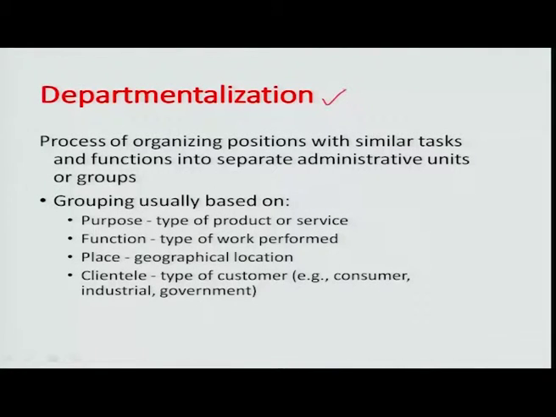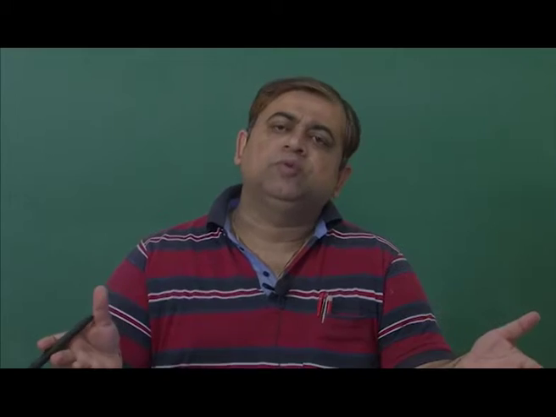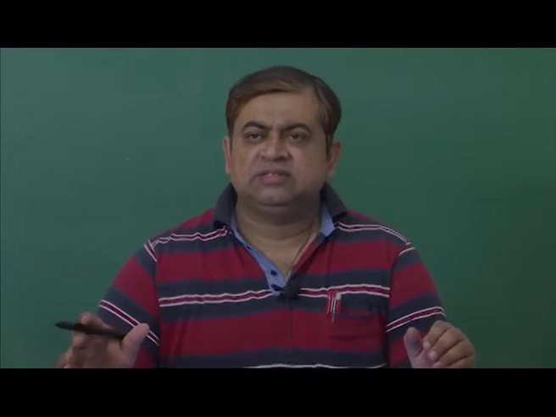For example, in the process of organizing positions with similar tasks and functions into separate administrative units, you could create things called departments. Again, if we look at a work system like an automotive shop, there could be departments related to the different aspects of the vehicle, or departments which would provide support services to those basic production activities.